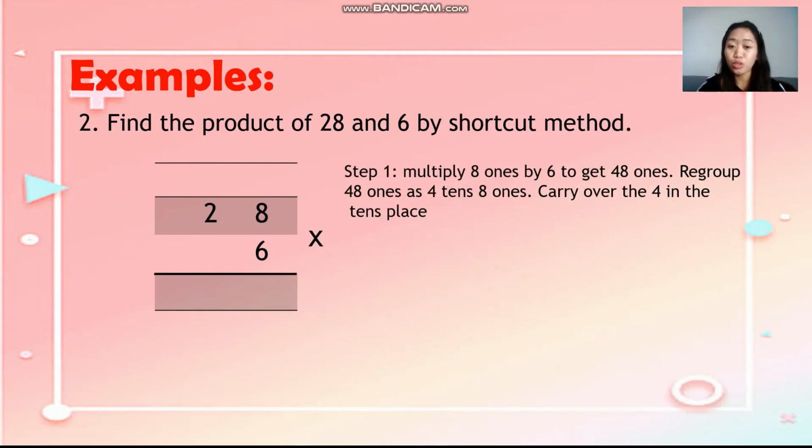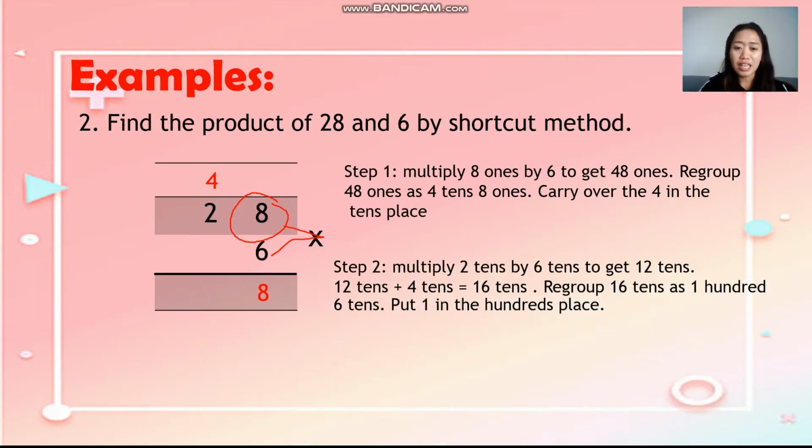Step 1, we multiply 8 times 6, which equals 48. We write the 8 in the ones place and carry over 4 in the tens place.